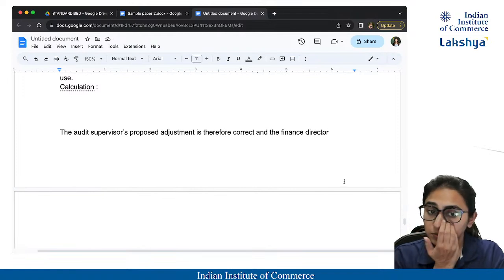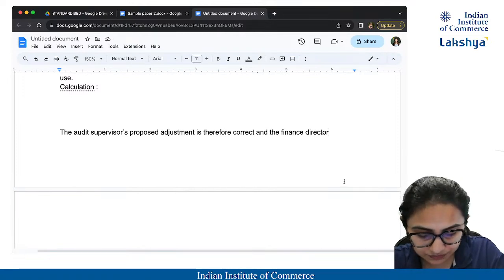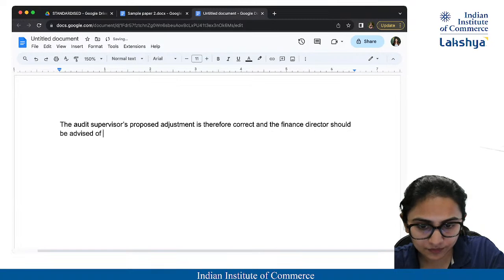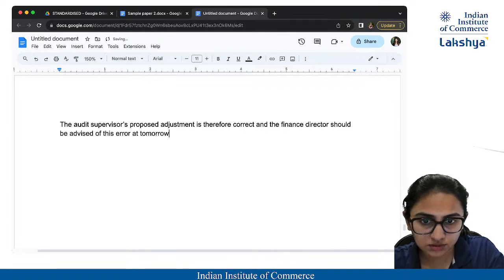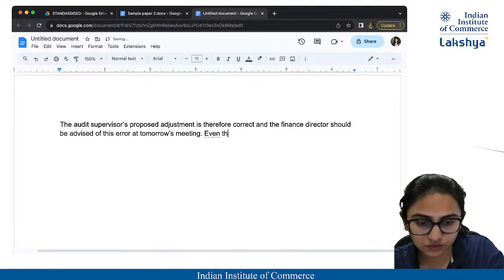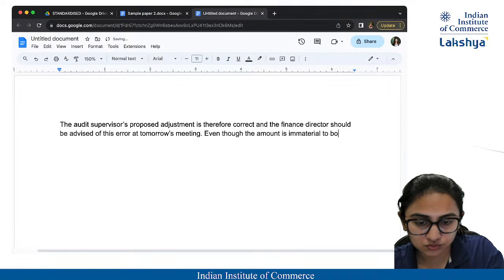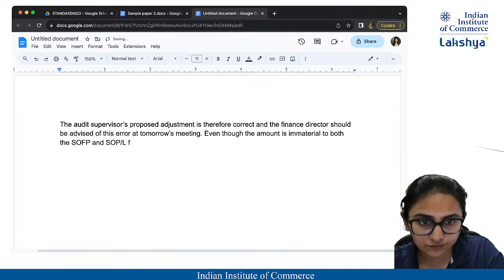The audit supervisor's proposed adjustment is therefore correct and the finance director should be advised of this error at tomorrow's meeting, even though the amount is immaterial to both the statement of financial position and statement of P&L for the year.